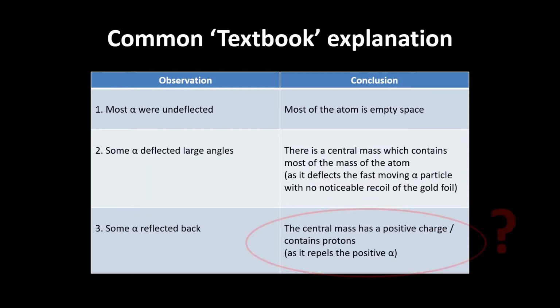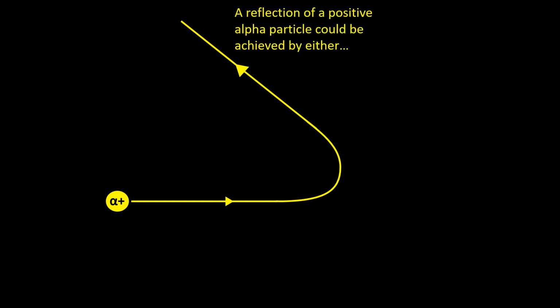But the logic, while that's true, the statement that the central mass is positive and contains protons can't actually be shown from this experiment, because this could be explained in two ways. If we take a positive alpha particle, such as this, which is being reflected around in some way, being deflected back, now, a reflection could be achieved in two ways.